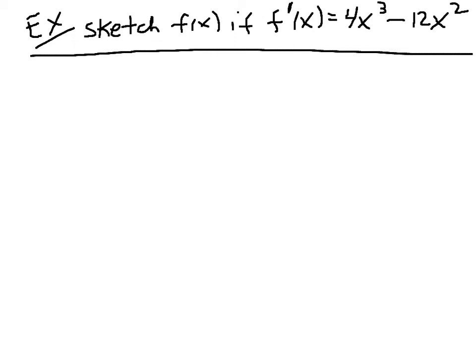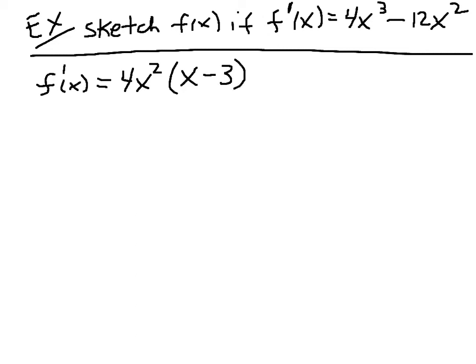Now what we're given here is the first derivative. The first derivative is equal to 4x cubed minus 12x squared. And what I can do is factor out 4x squared and write this as x minus 3.